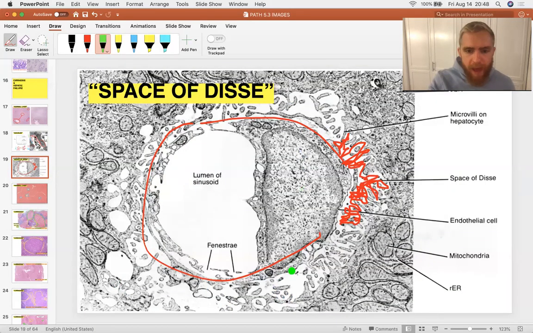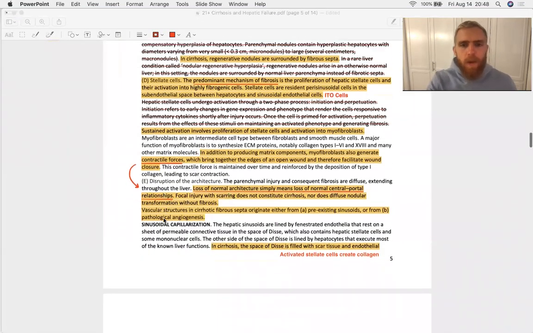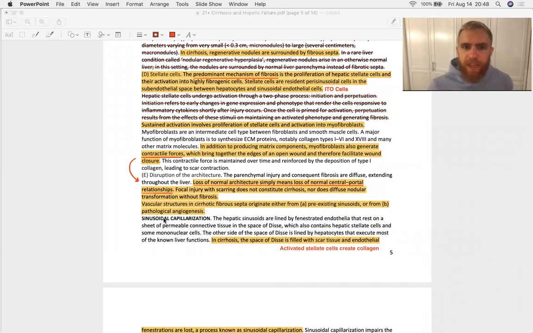Here's again that slice through, and this whited out space down here is where stellate cells would mobilize throughout and interface between the endothelial cell and the hepatocyte. Now, we also mentioned stellate cells get activated by the cytokines that come along with damage.